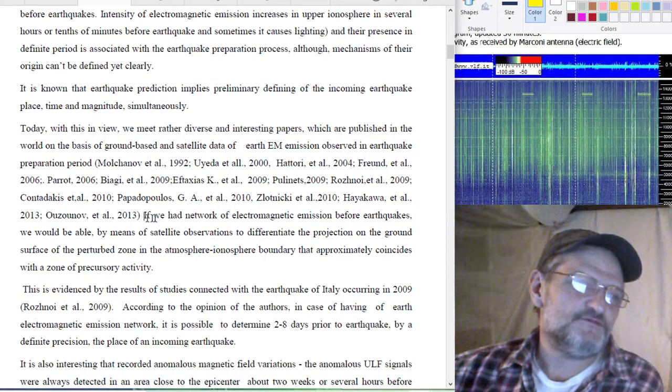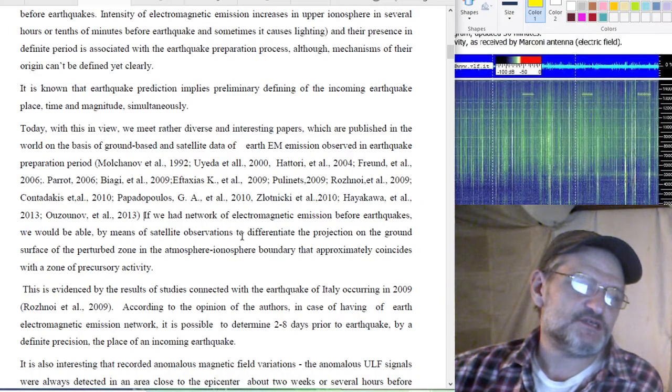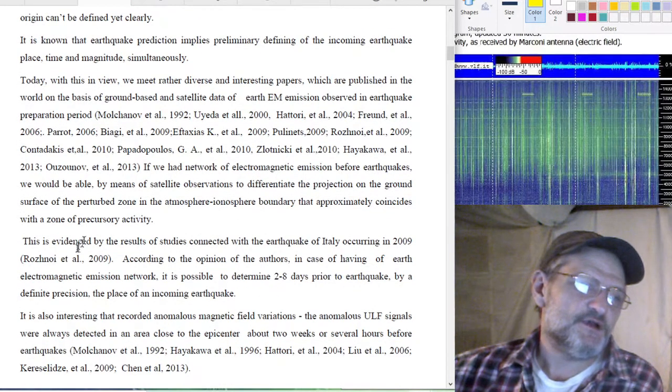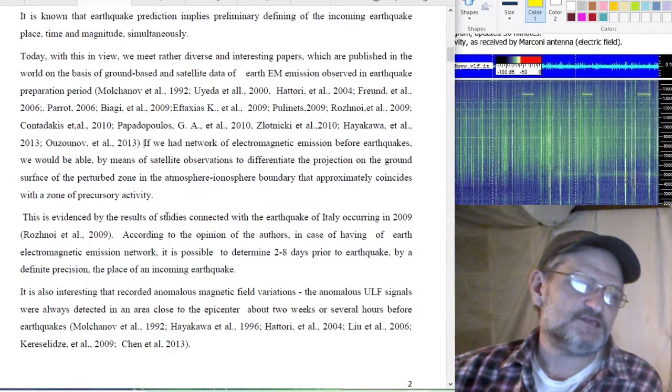All right, so if we had a network of electromagnetic emission observation before earthquakes, we would be able, by means of satellite observations, to differentiate the projection on the ground surface of the perturbed zone in the atmosphere-ionosphere boundary that approximately coincides with a zone of precursory activity.